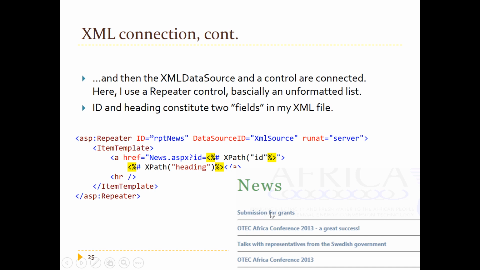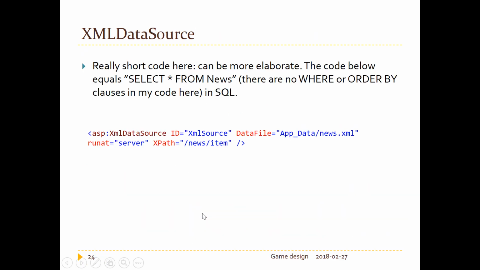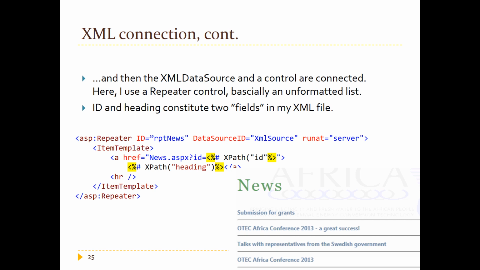So a text here, which is a text from the heading part of my item here, conference registration now opening or whatever. And after that we have the line here. So this is the template for my repeater.